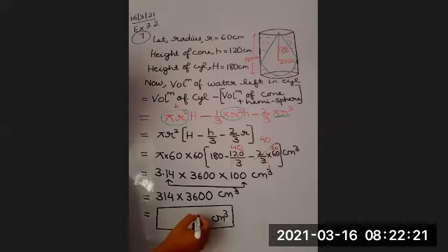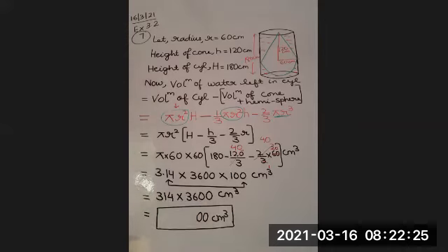So 2 zeros I put. Kindly tell me 314 into 36. 11304. What is there then? 11304. Is everyone getting the same answer?